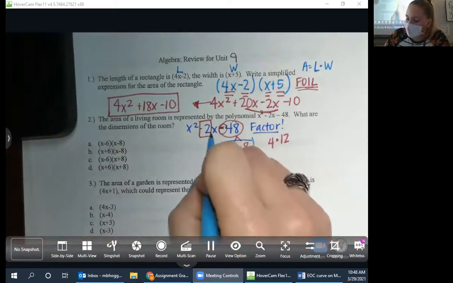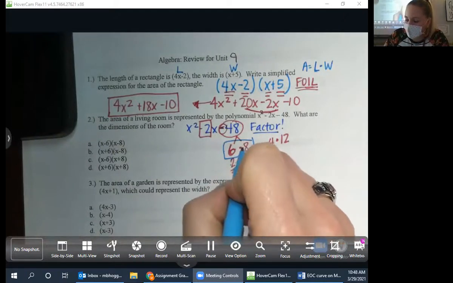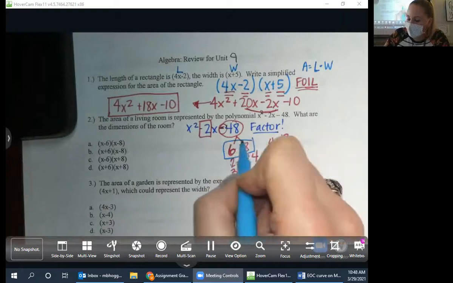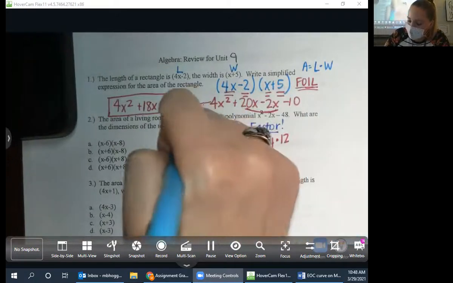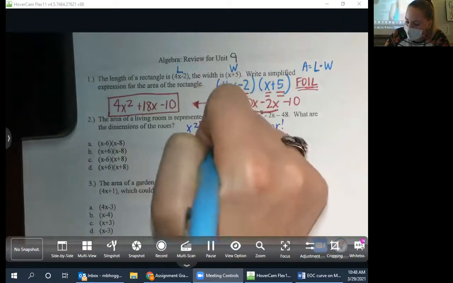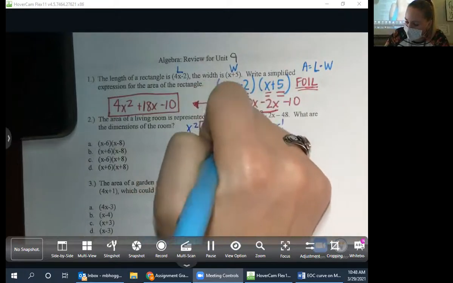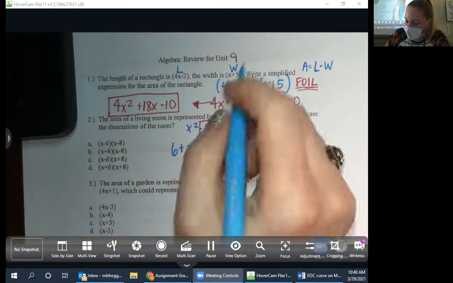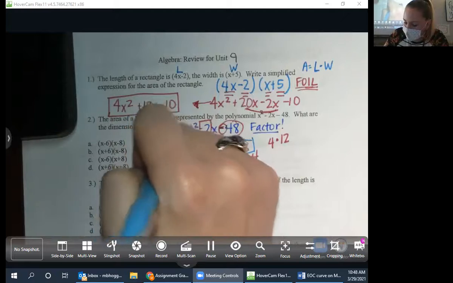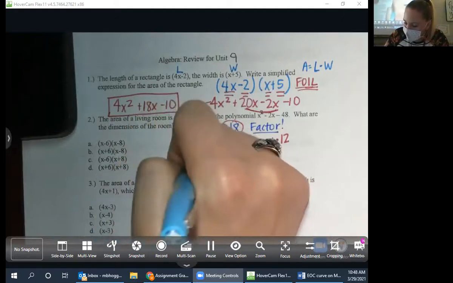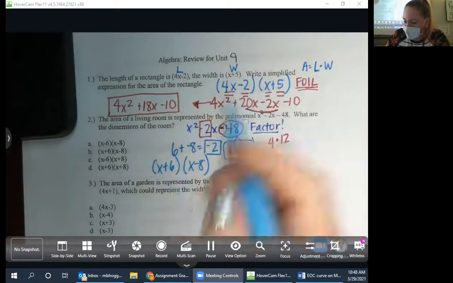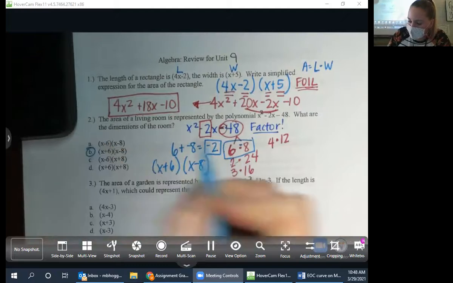To get a negative 2 out of 6 and 8, your negative sign needs to be on the 8, because a positive 6 plus a negative 8 is going to give you a negative 2. All right, that's what we want. So we have a positive 6, that's x plus 6, and a negative 8, x minus 8. And that would be B.